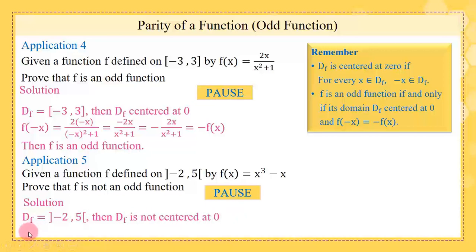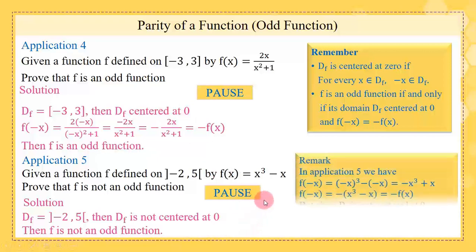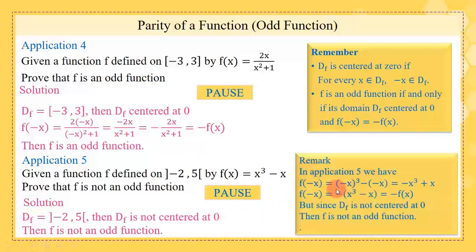This means that f is not an odd function without even checking if f of minus x is equal to minus f of x or not. Also, even if we note that f of minus x equals minus f of x here in application 5, since D of f is not centered, f is not an odd function.